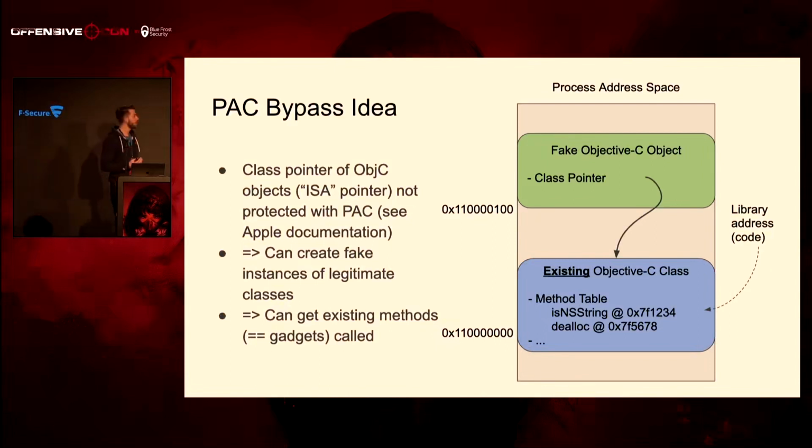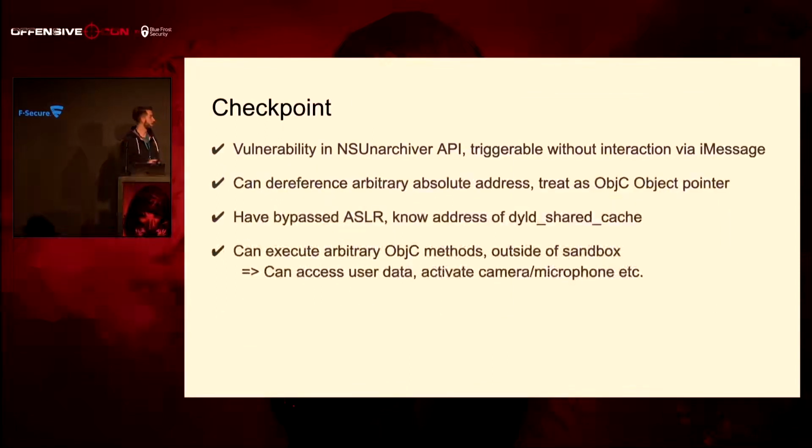And this will ultimately give me some form of arbitrary Objective-C method call primitive, where we can call any method or almost any method with pretty much controlled arguments. And this is powerful enough. This is all that's necessary. Okay.